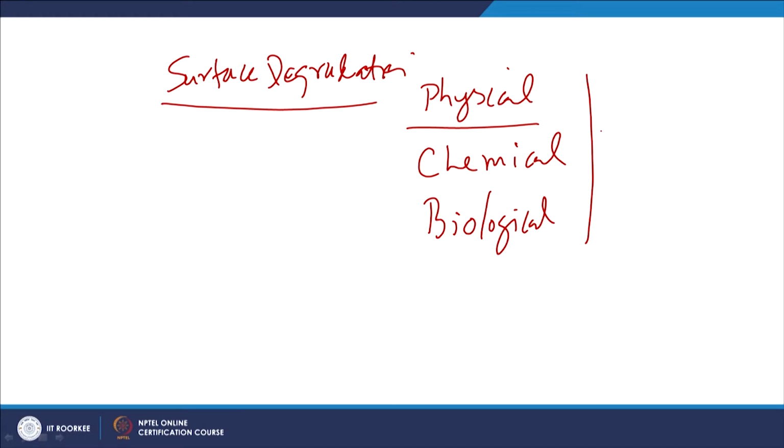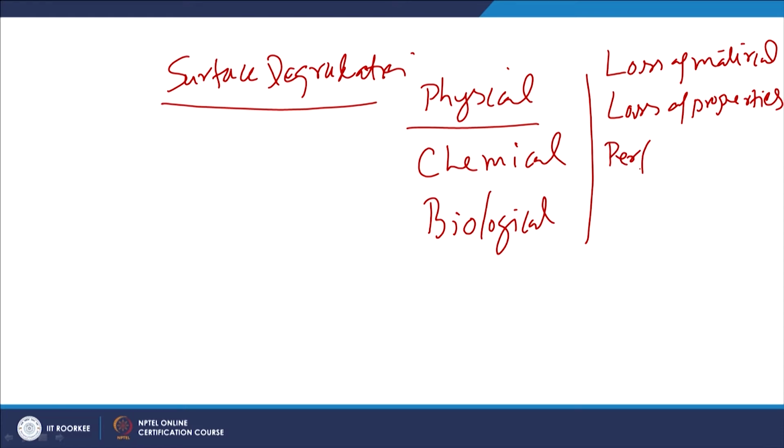In these degradations, loss of material from the functional surfaces takes place, and sometimes deterioration in properties or loss of selected properties also takes place. These losses reduce the functionality and the capability of the component to do the required job, so the performance of the component is affected.